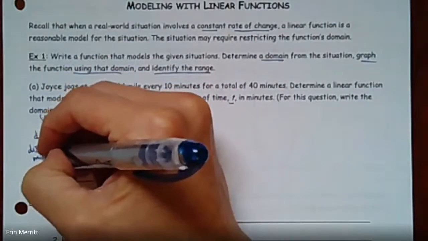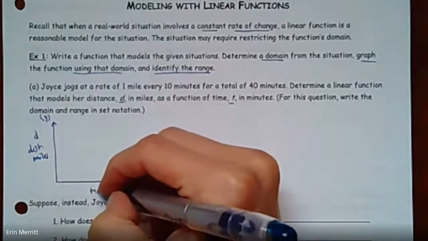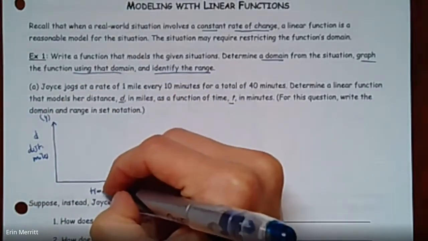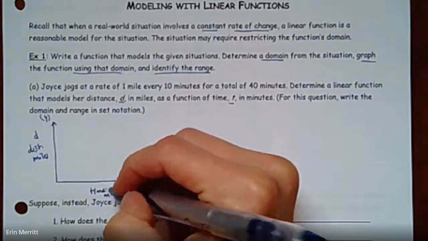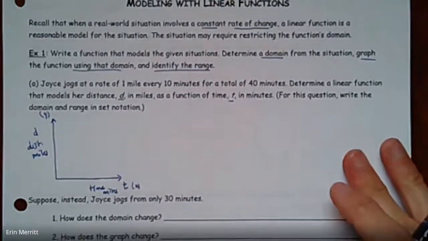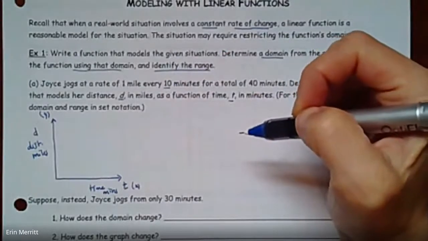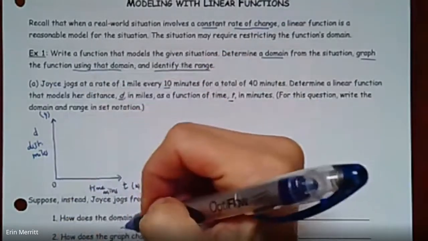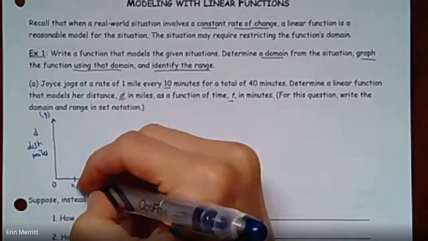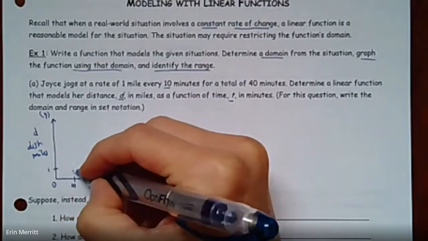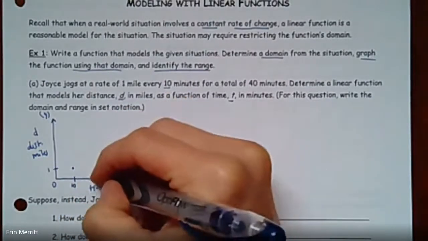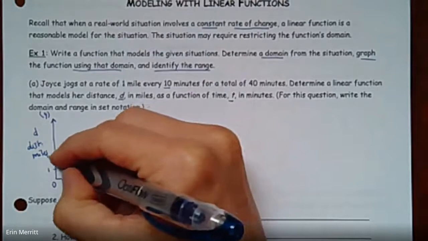All right, so we've got distance in miles. Over here, we've got time in minutes. So those are both important to note here, right? And then it's saying that for every 1 mile, it takes her 10 minutes. Right? So down here, we got 0. We would say after 10 minutes, then she's gone 1 mile. And then after 20 minutes, she's gone 2 miles.